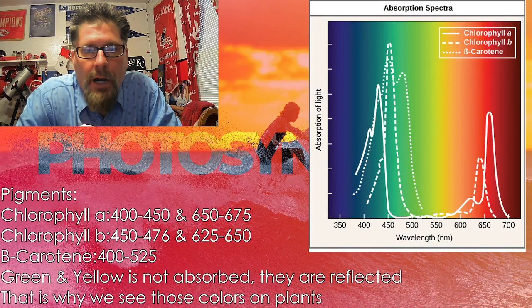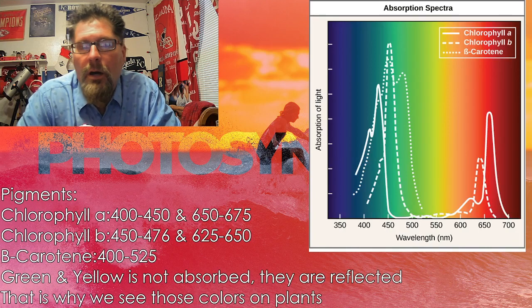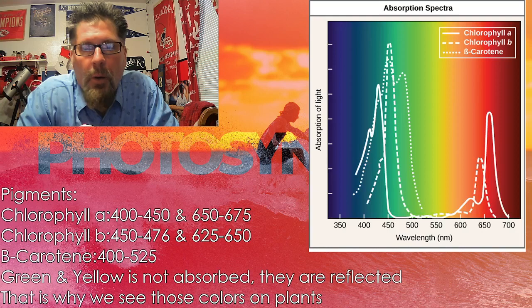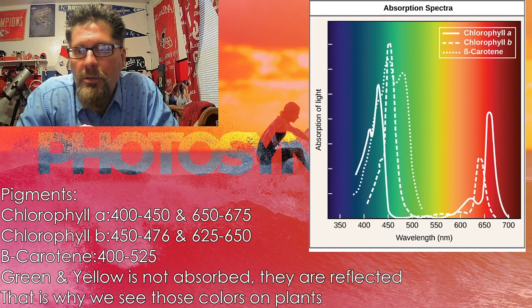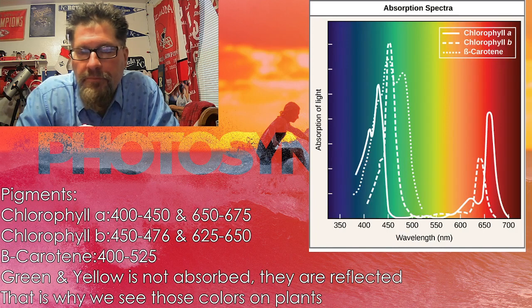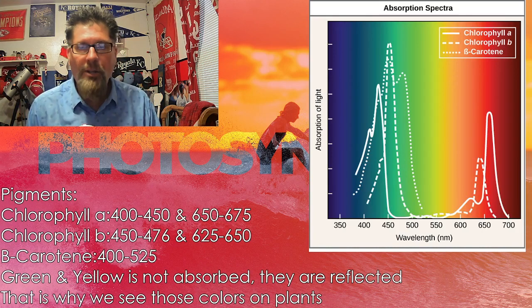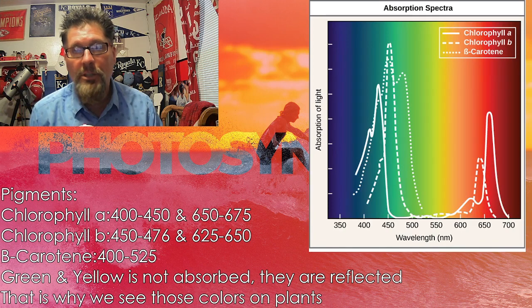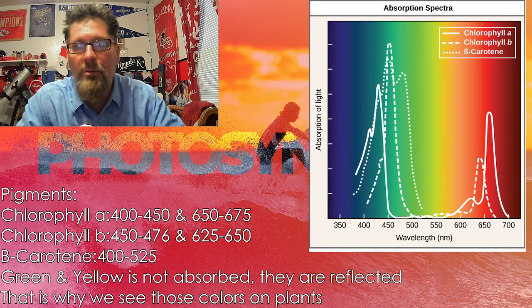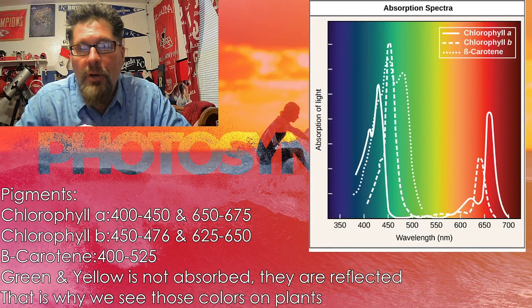When we start talking about the reaction center in a later video, a component of the LDR, the light-dependent reaction, chlorophyll A is the one that's around that, and it absorbs. It's the solid line in the graph, if you're looking at the key. It absorbs in that 400 to 450 range, which, if you remember from the electromagnetic spectrum, that's the blues, the darker blues. And then also in that 650 to 675 range.